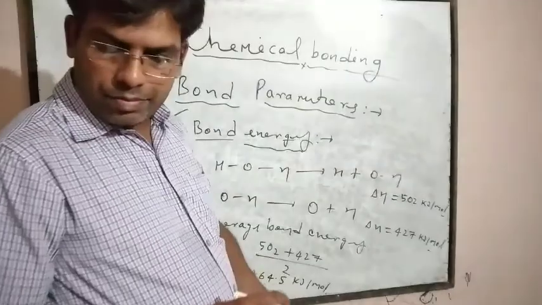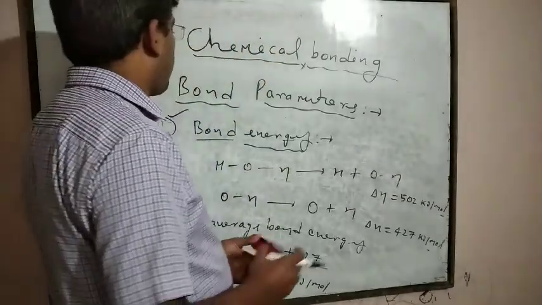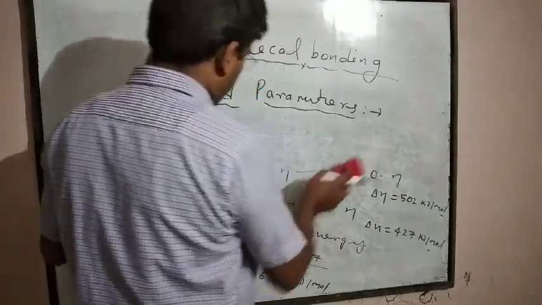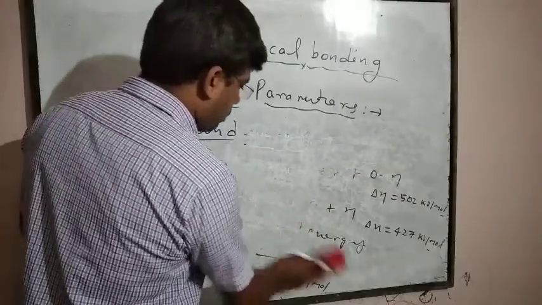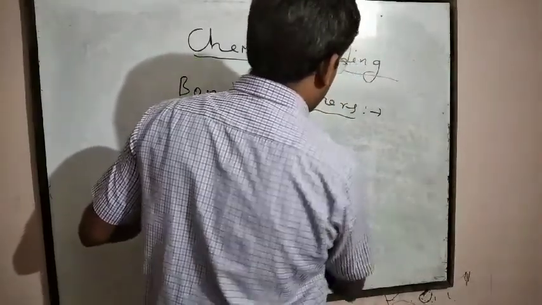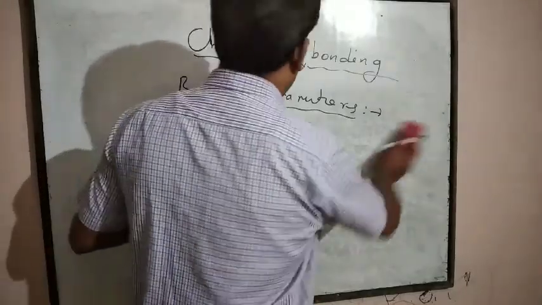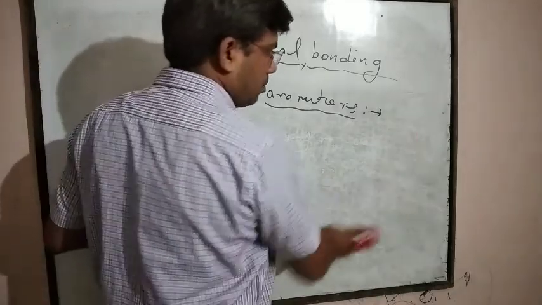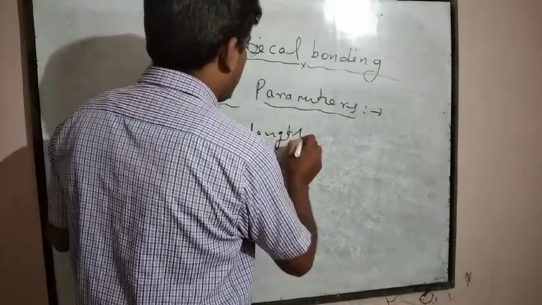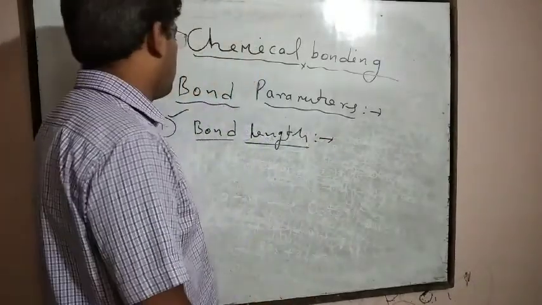Now, the second bond parameter is bond length.